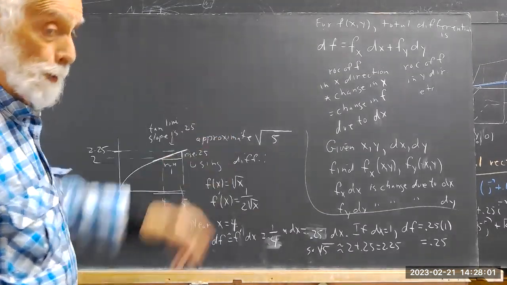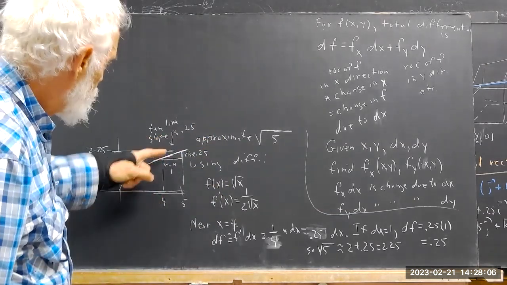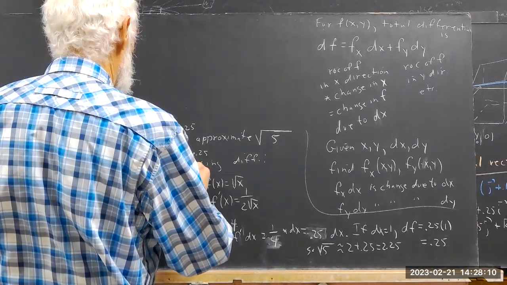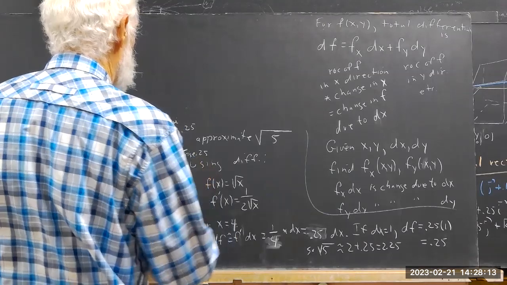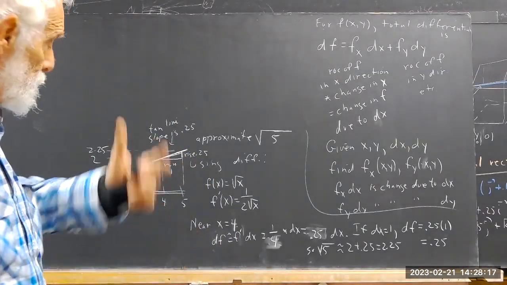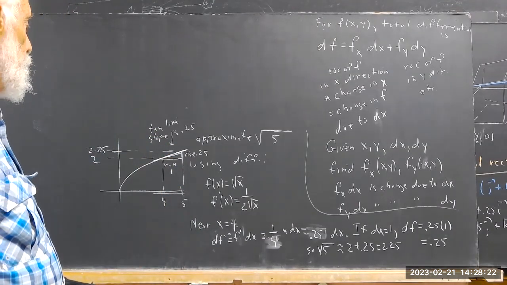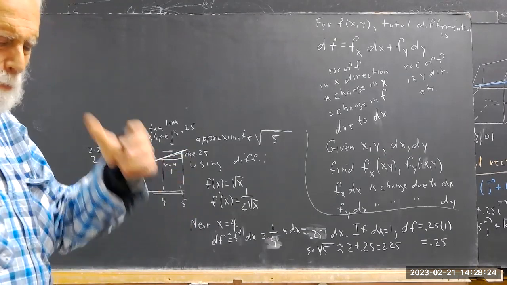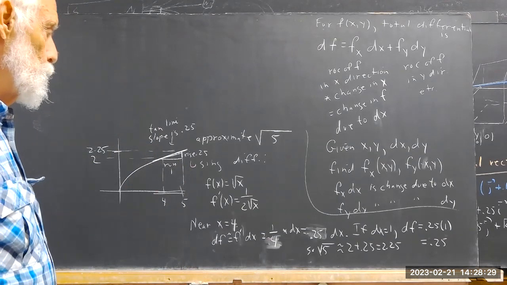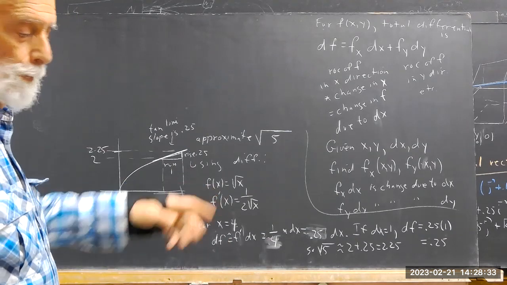This is the square root curve. Now the curve has some concavity. It actually goes a little bit below the tangent line. So here goes your curve, and it actually comes in a little below the tangent line, at 2.236, okay, between 2.23 and 2.24.